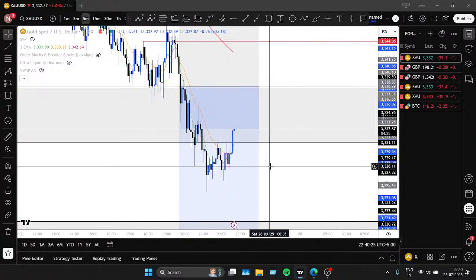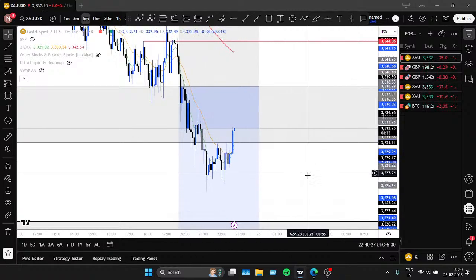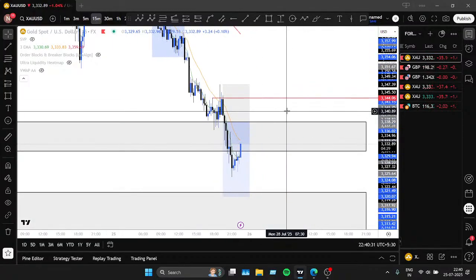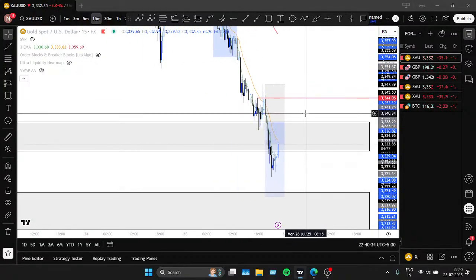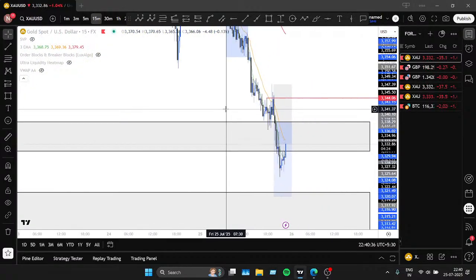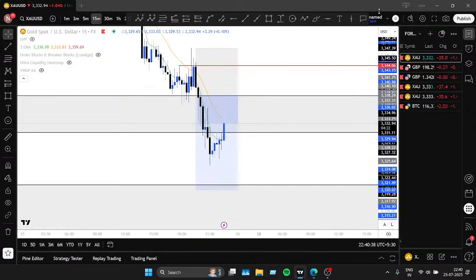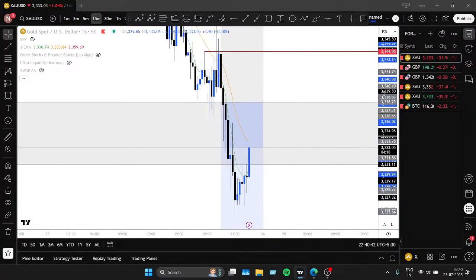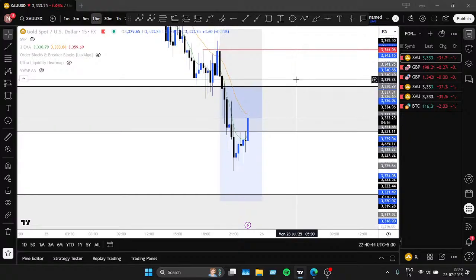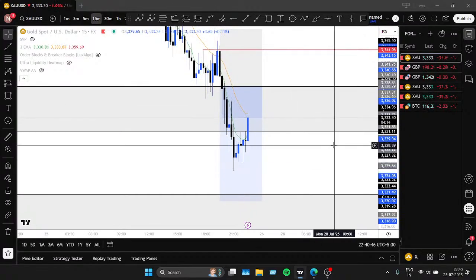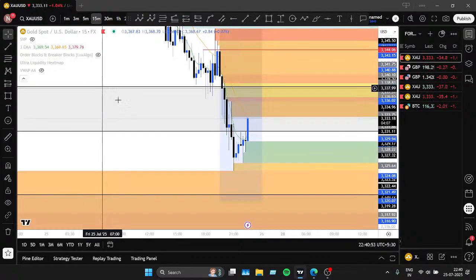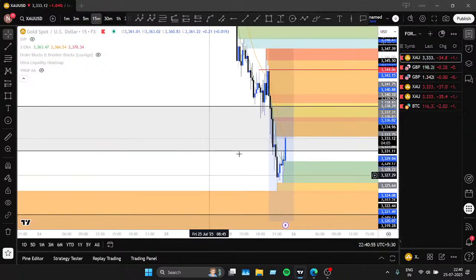I think late NY session is giving us a bullish reaction. Market is showing no mercy right now. It's like I'm gonna take all that liquidity above. And yeah, there's high liquidity lying above too.